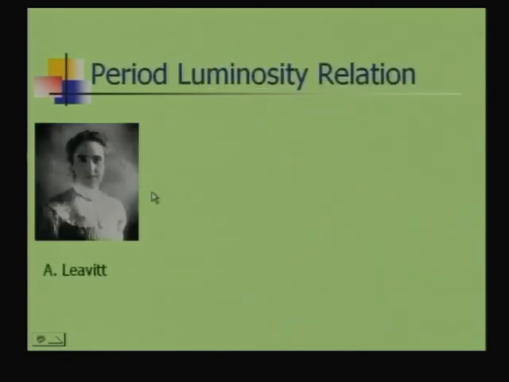This is Antonietta Leavitt. She was partially deaf, and it was a remarkable feat for her to make this very important discovery in astronomy, the period luminosity relation.